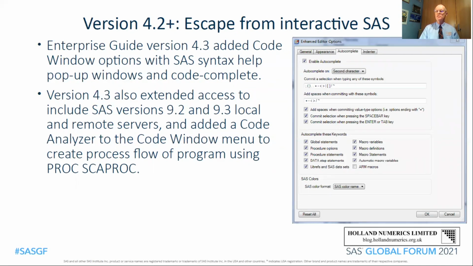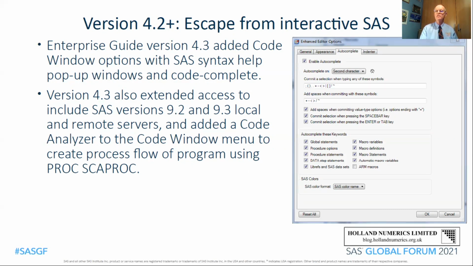In version 4.3, there were some extra features added to the editing, which allowed the code window to include prompts and syntax help, and also code complete. So you start typing and it would give you a choice of keywords that would fit that facility.